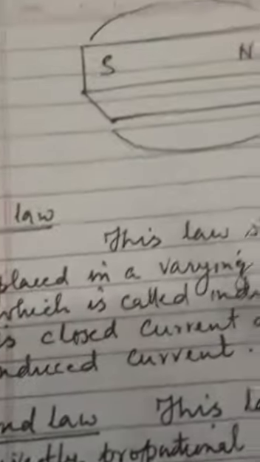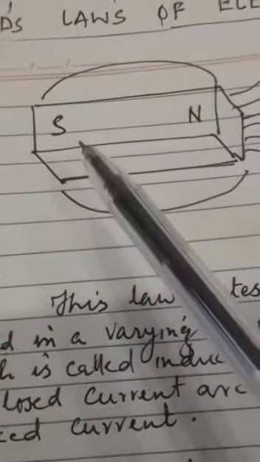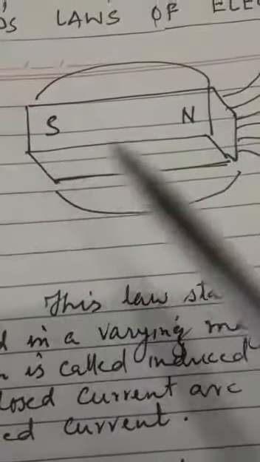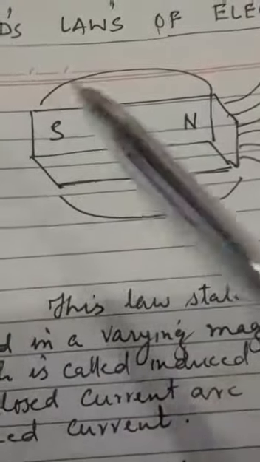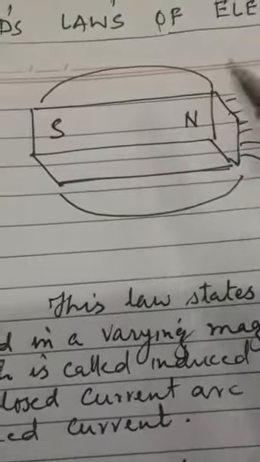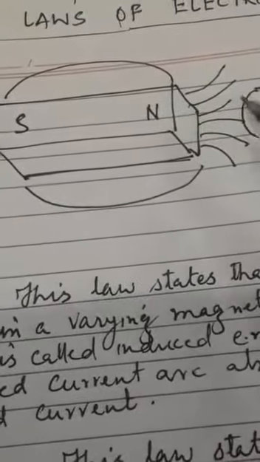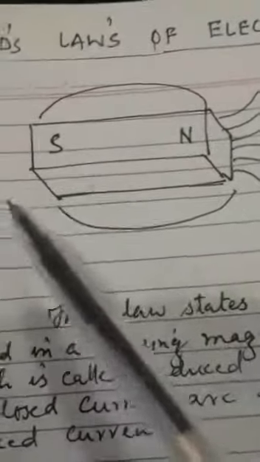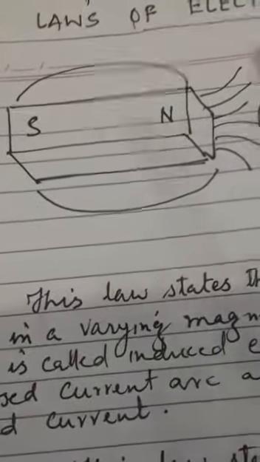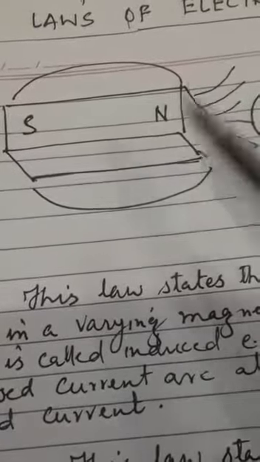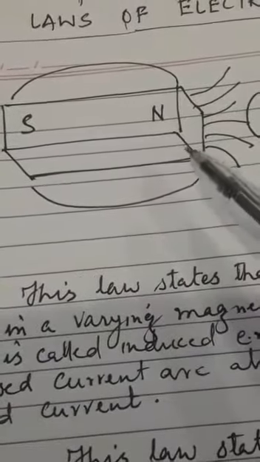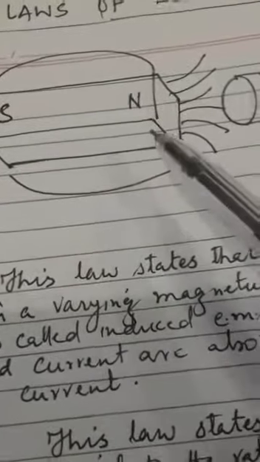Let me tell you, beta, where there is a magnet, it has polarity as north-south pole. Where there is a magnet, there is a magnetic field created by it around it. When we talk about the magnetic field altogether, that's known as magnetic flux, the power of the magnetic field.